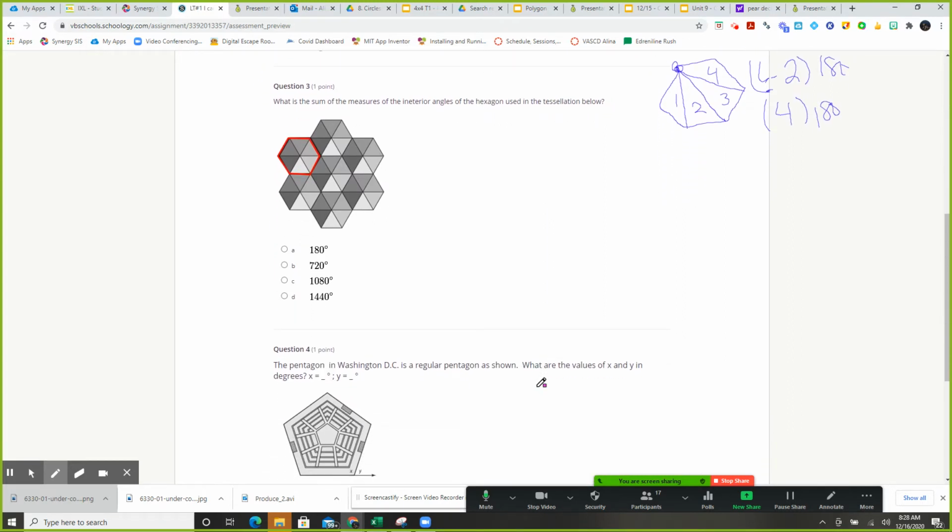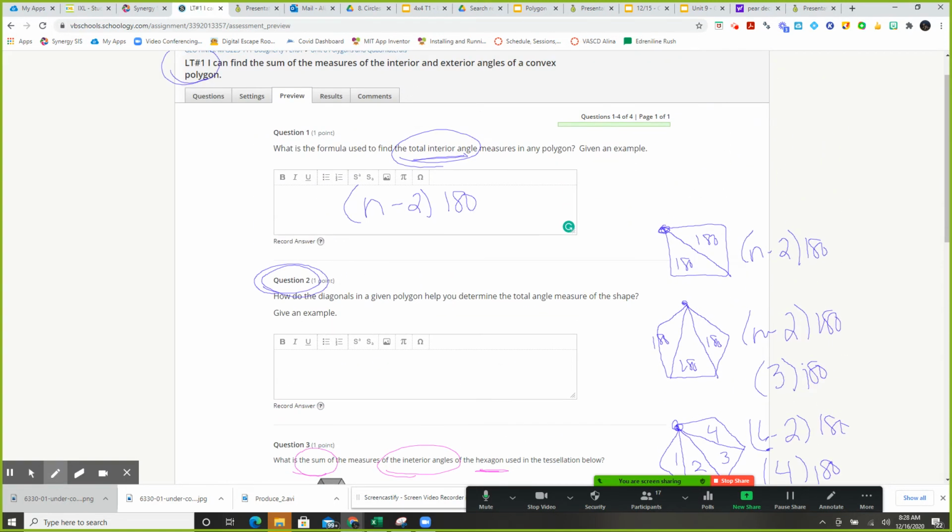So let's look at question number 3. Given the formula n minus 2 times 180, how would I go about finding the sum of the interior angles of a hexagon? So I'm going to go back up to number 2.